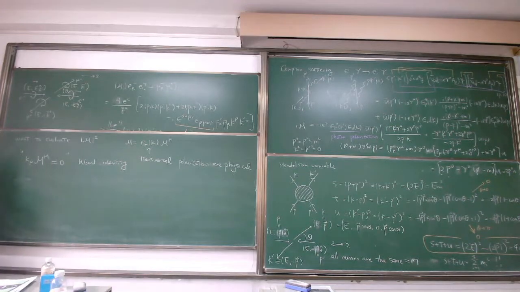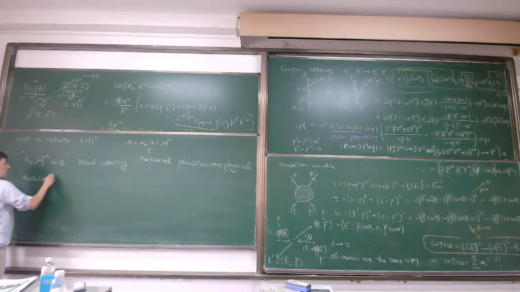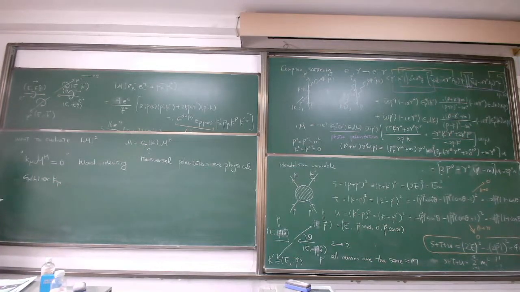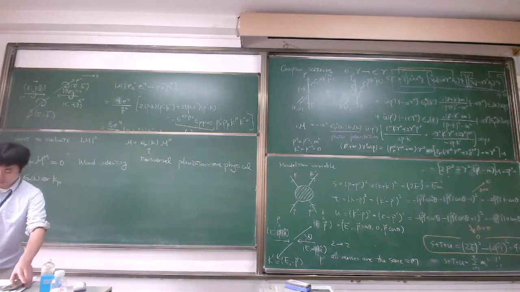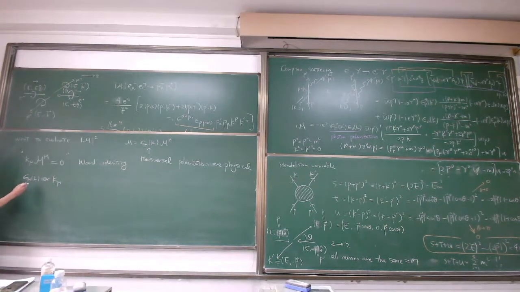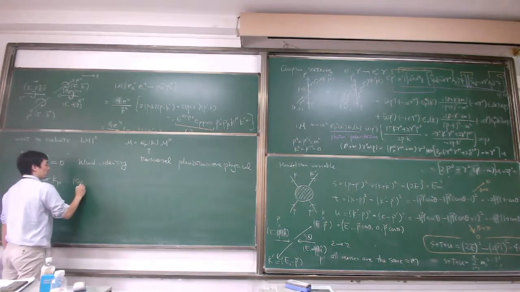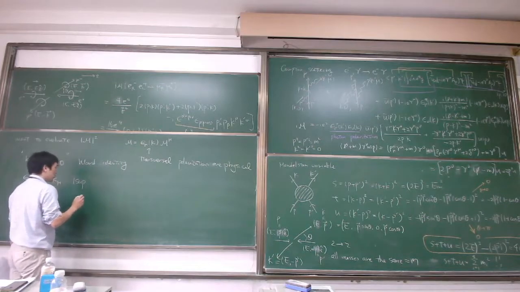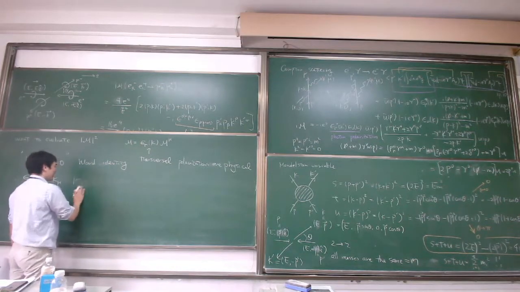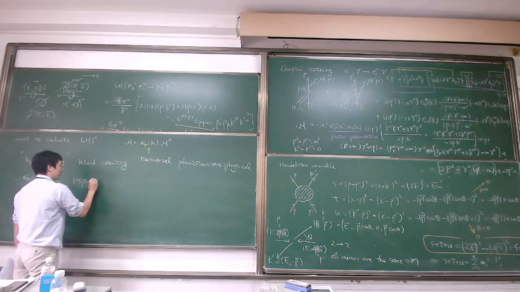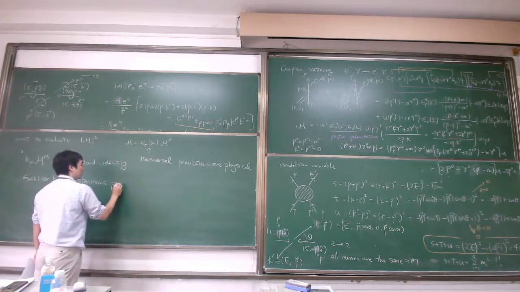If you impose this Ward identity, so if epsilon mu of k is proportional to k mu, the amplitude becomes 0. So this I call spurious. How do you pronounce it? Spurious polarization. I call it spurious polarization.